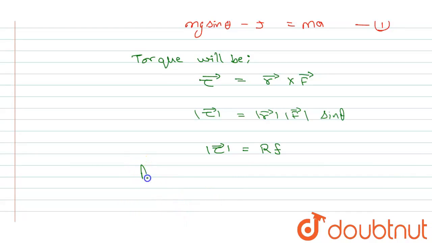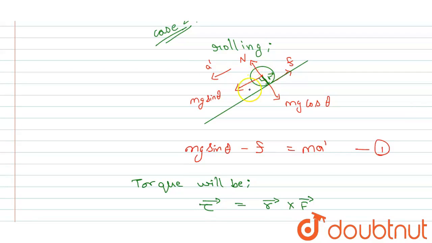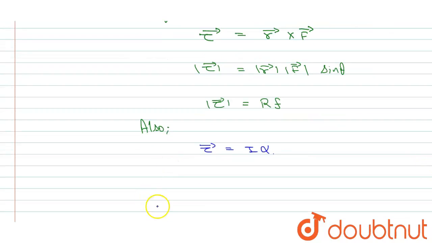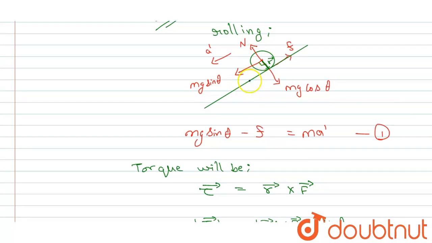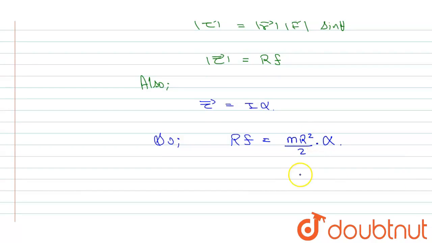And we also know that the torque is equal to I alpha, where I is the moment of inertia. So we can write rF is equal to mr square by 2 times alpha, because here the inertia is mr square by 2, where m is the mass and r is the radius of the cylinder.